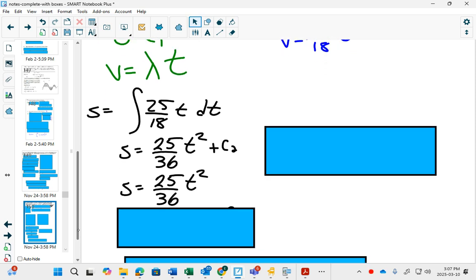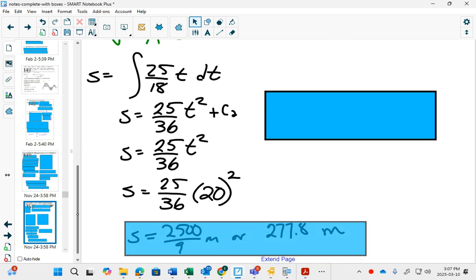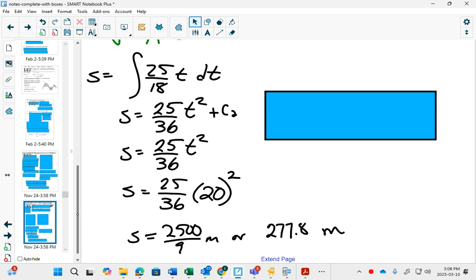And now we can just plug in what's going to happen after 20 seconds. 277.8 meters.